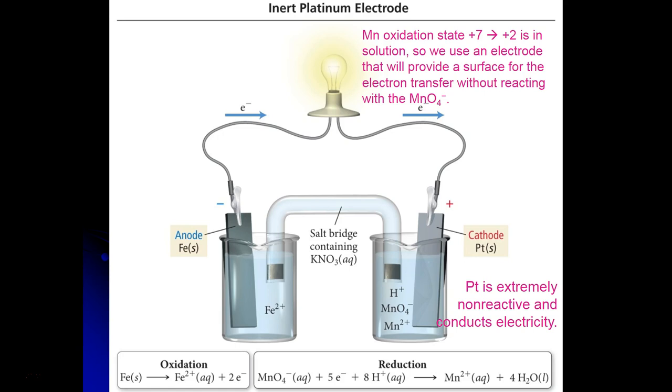So we don't have any solid manganese to plate on or anything like that. But it still needs some type of a surface for electrons to transfer. So that's why we use the platinum one. It's extremely non-reactive, but it conducts electricity. And that's key because the electricity is just our moving electrons.